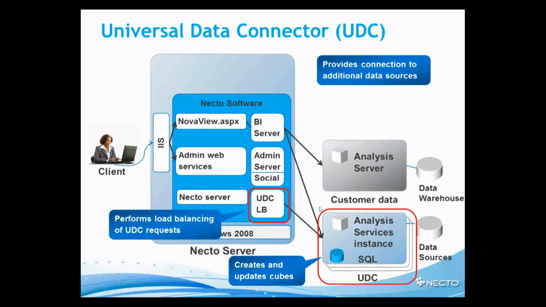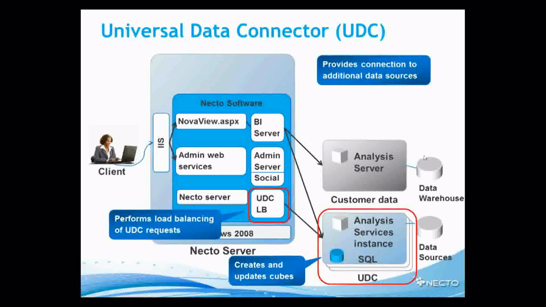Okay, speaking of which, we have also a UDC. A UDC, like we explained, enables us to connect to a cube. Actually, it makes the cube automatic behind the scene, but we can define a different server for UDC to work on.